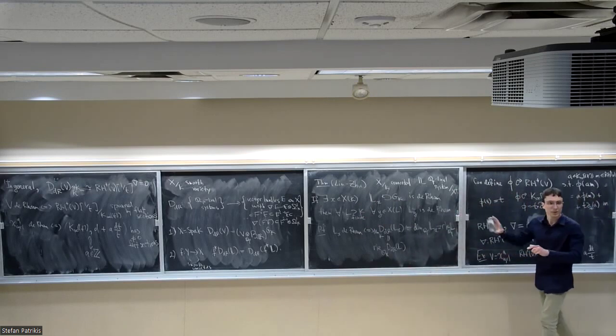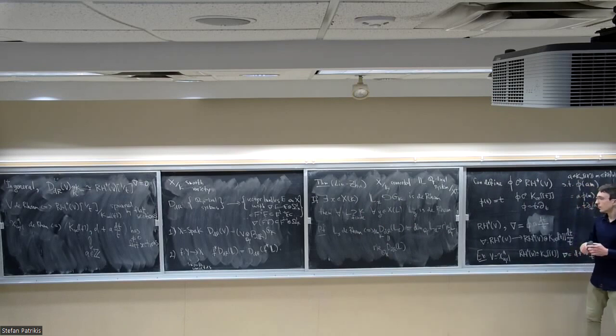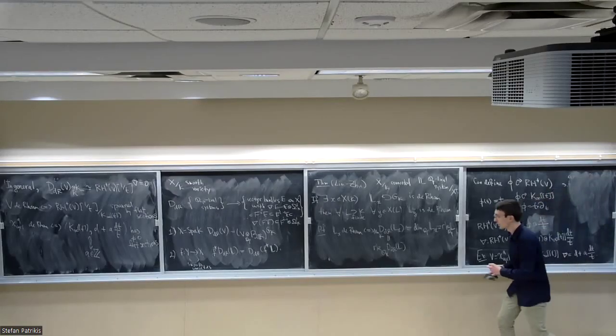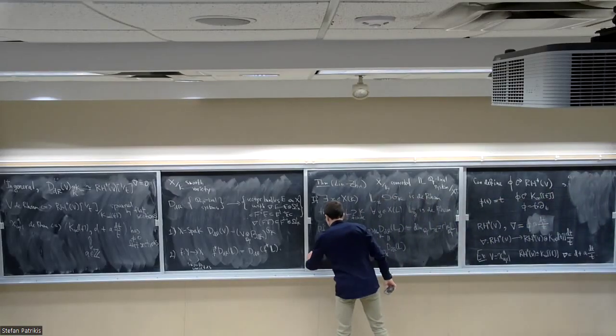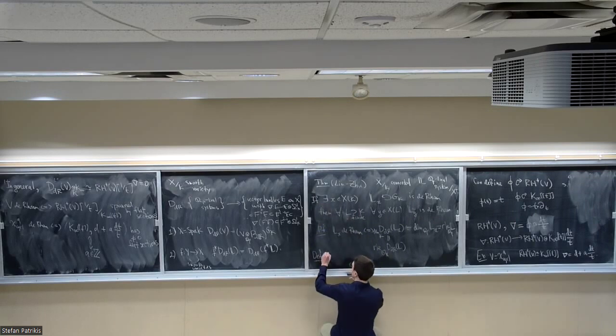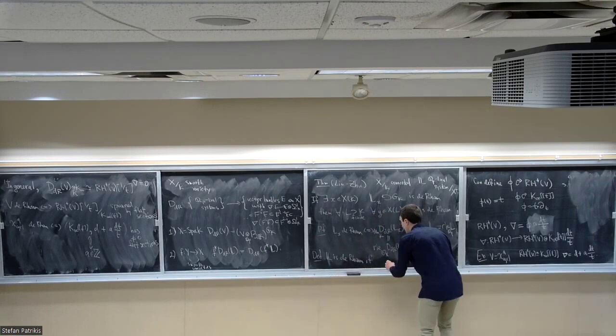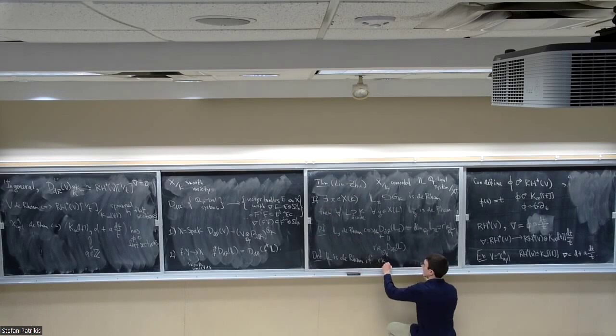Okay. Any questions about this? Sorry, at this moment, do we have a notion of de Rham local system? Ah, very good question. I almost forgot about this. Okay, so let me make a definition. A local system will be called de Rham if this vector bundle has the correct rank.